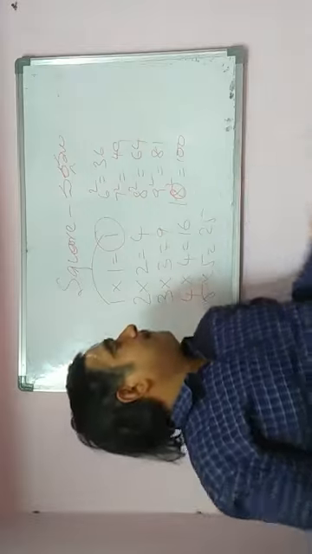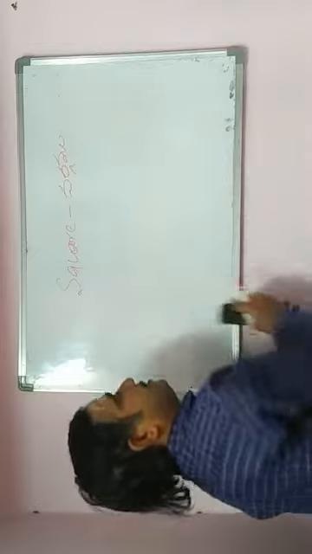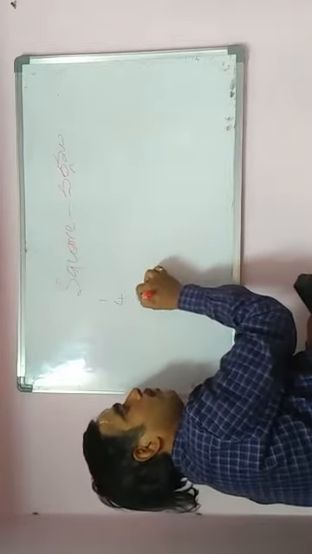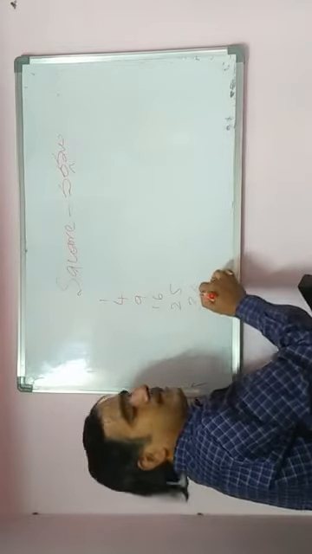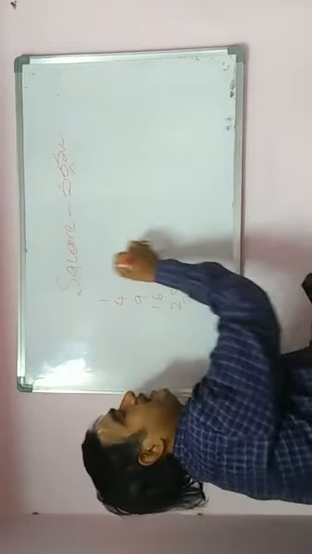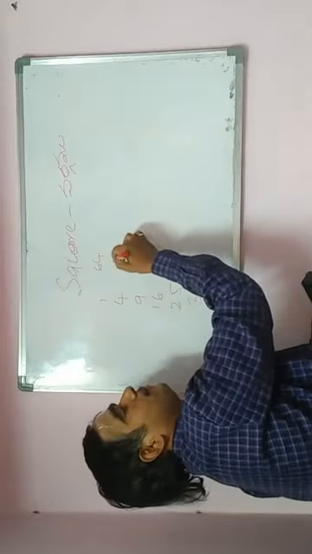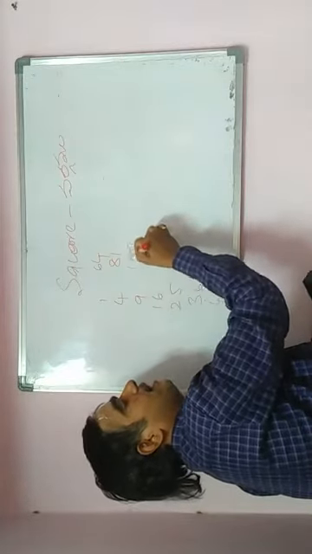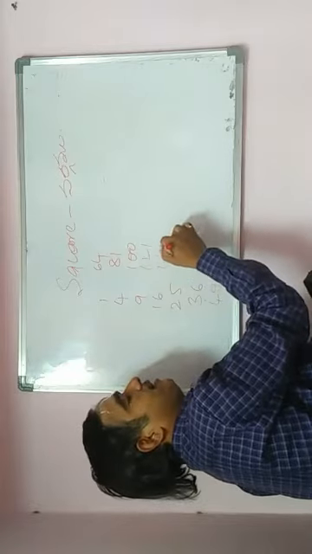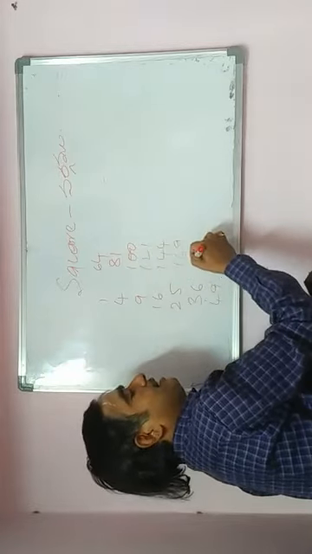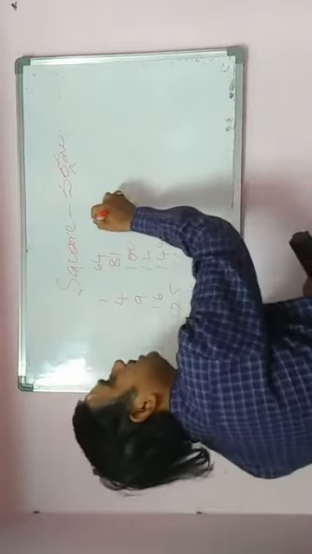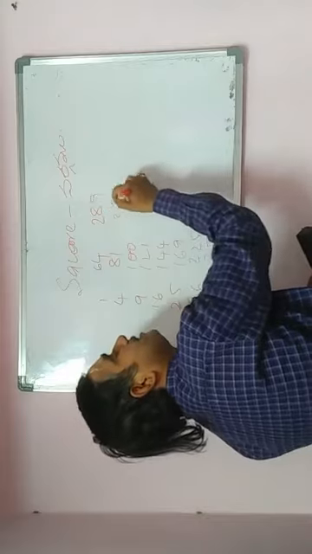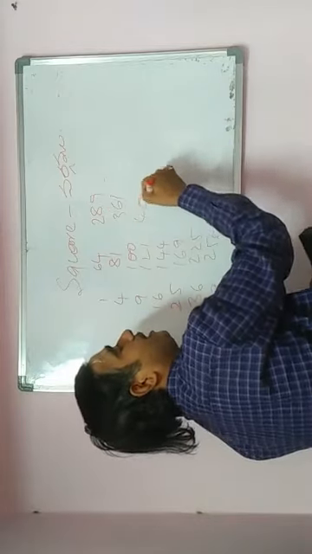When we observe all these square numbers: 1, 4, 9, 16, 25, 36, 49, 64, 81, 100, 121, 144, 169, 225, 256, 289, 361 and 400.